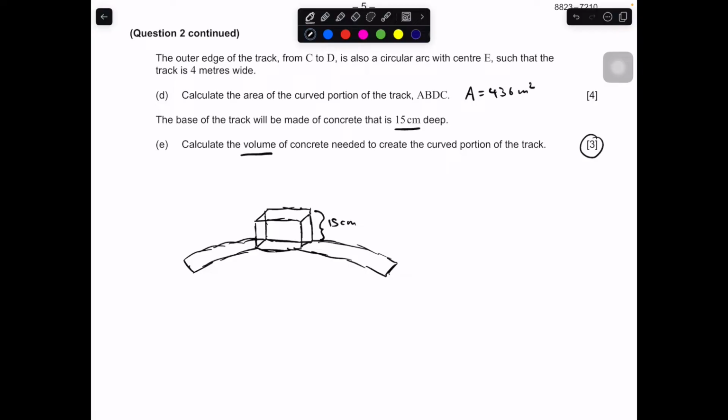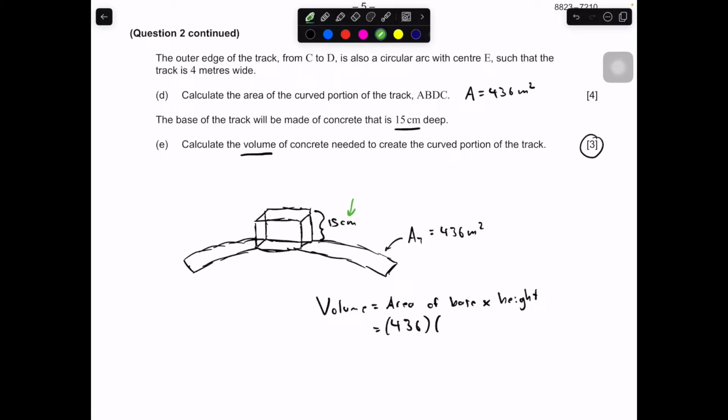Our track itself has an area of 436 meters squared, but, and this is where, not exactly a trick, but maybe where close reading matters, this is given to us in centimeters. So sure, volume is simply equal to area of the base times height, but the area of the base is 436, and it's in meters, and the height itself is 15 centimeters.